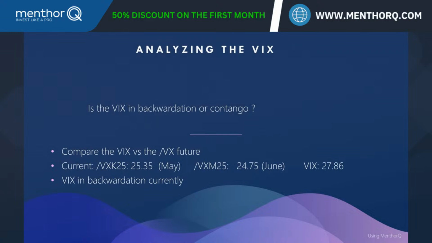You can bring up the next month contract, or you can simply look at VXX, that's the thinkorswim symbol, to basically look at the VIX future and compare that to the current VIX. So that's a very useful data point.